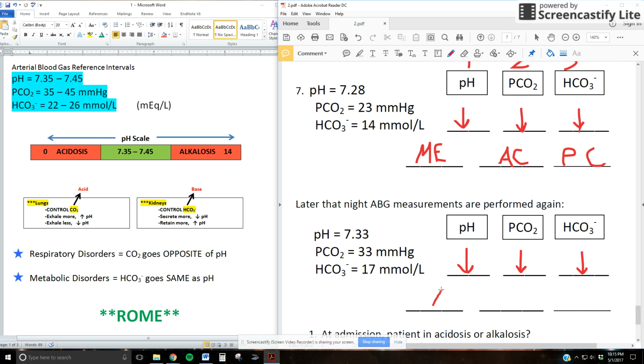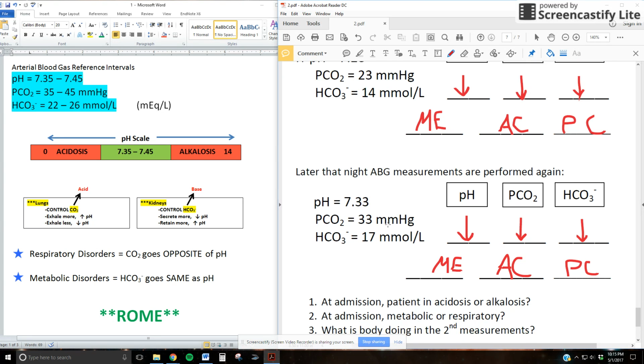So we're still in metabolic acidosis, and we're partially compensated still because our pH isn't back to normal, but we're still not there yet. It is better than before, however, so something's going on.